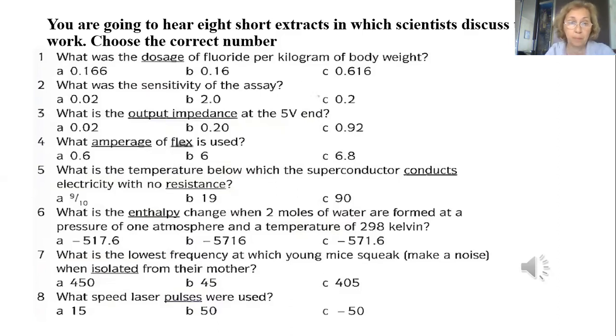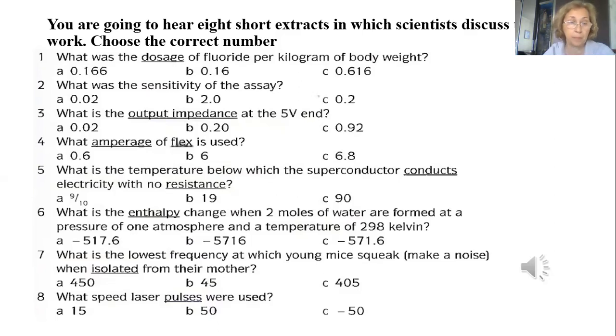This shows that where 2 moles of hydrogen gas combine with 1 mole of oxygen gas to form 2 moles of liquid water at a pressure of 1 atmosphere and a temperature of 298 kelvins, the enthalpy change is minus 571.6 kilojoules.